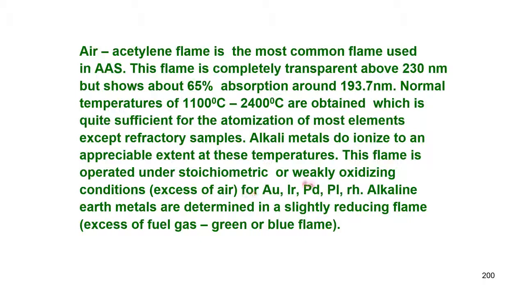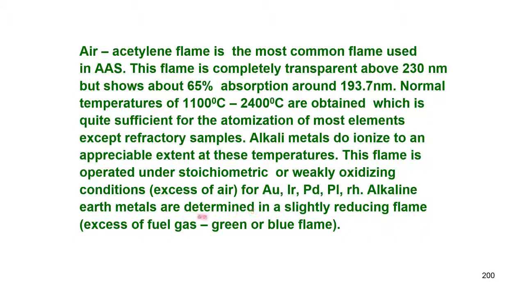So, for gold, iridium, palladium, platinum, rhodium, etc., this flame is fine, and alkaline earth metals are determined in a slightly reducing flame. What are the alkaline earth metals? Calcium, magnesium, strontium, barium, these are alkaline earth metals.